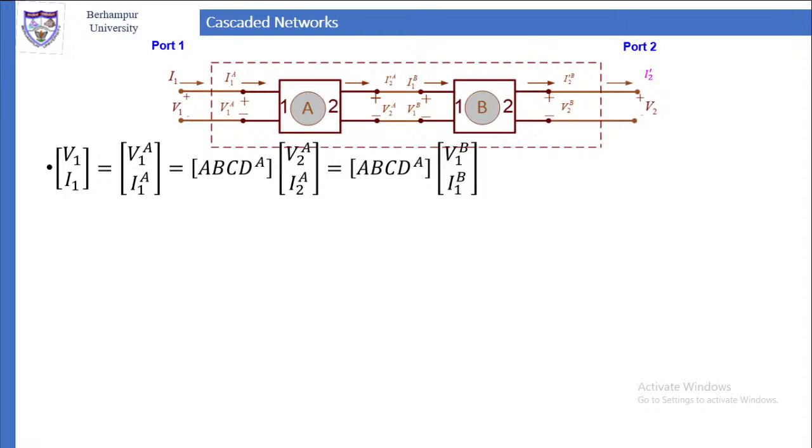Now we can say V1 I1 is equal to V1A I1A, because that is the same thing. So you can write V1A I1A is equal to the ABCD matrix of network A into V2A I2A.